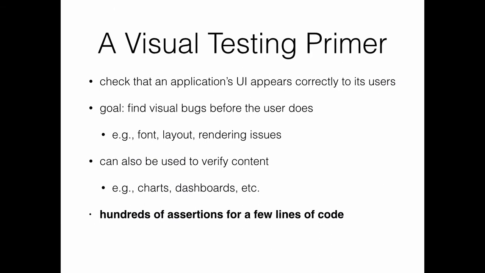But with a few lines of code, you get hundreds of assertions because you are now checking everything on the page as opposed to just 1 or 2 elements, to make sure the state of the page is as you expect. And there are at least 16 open source solutions that I've come across to get started with visual testing, and a lot of them work in tandem with Selenium.